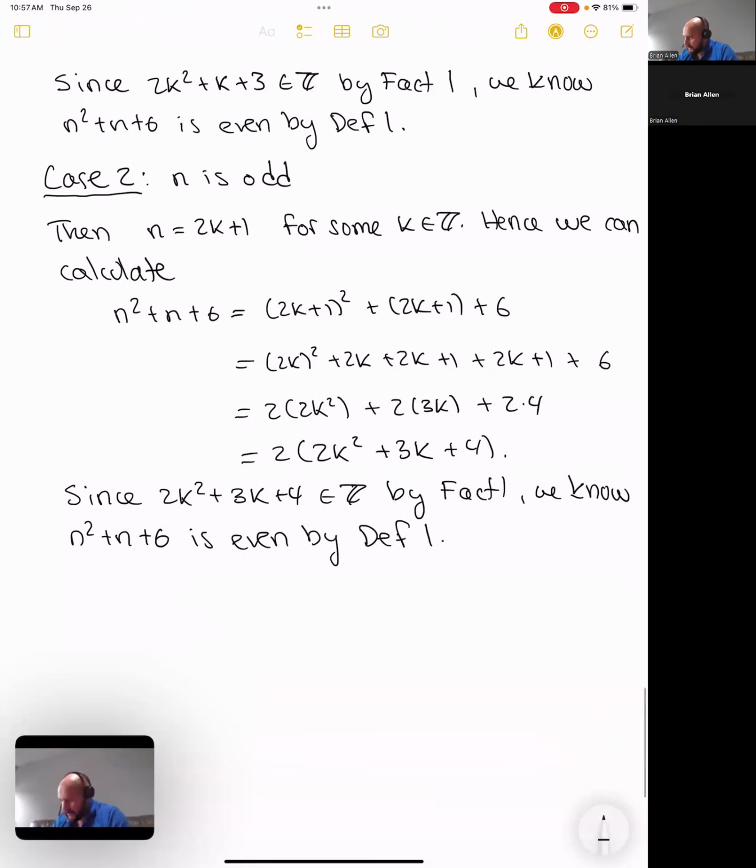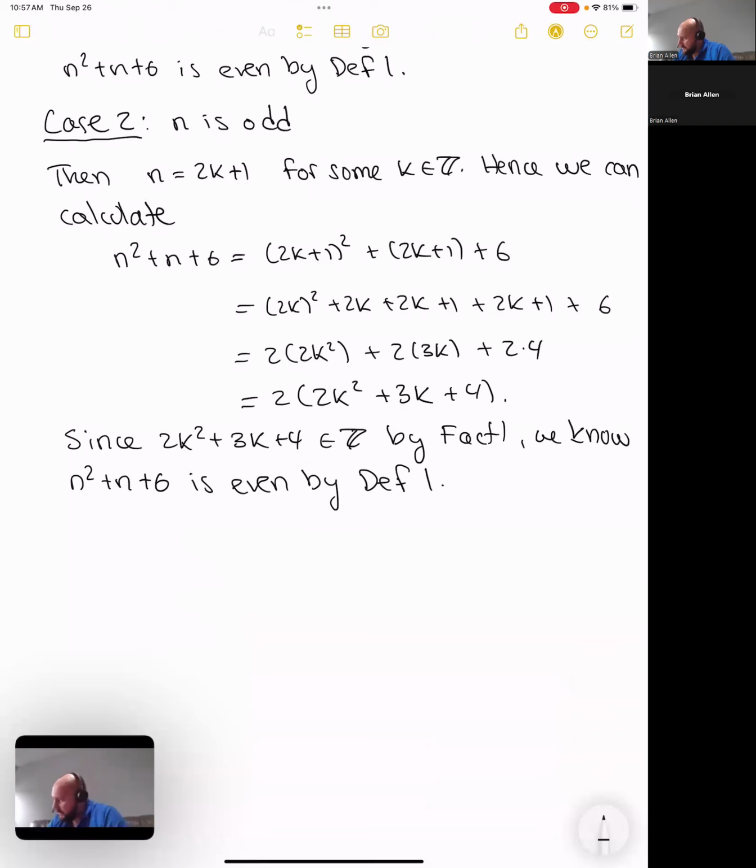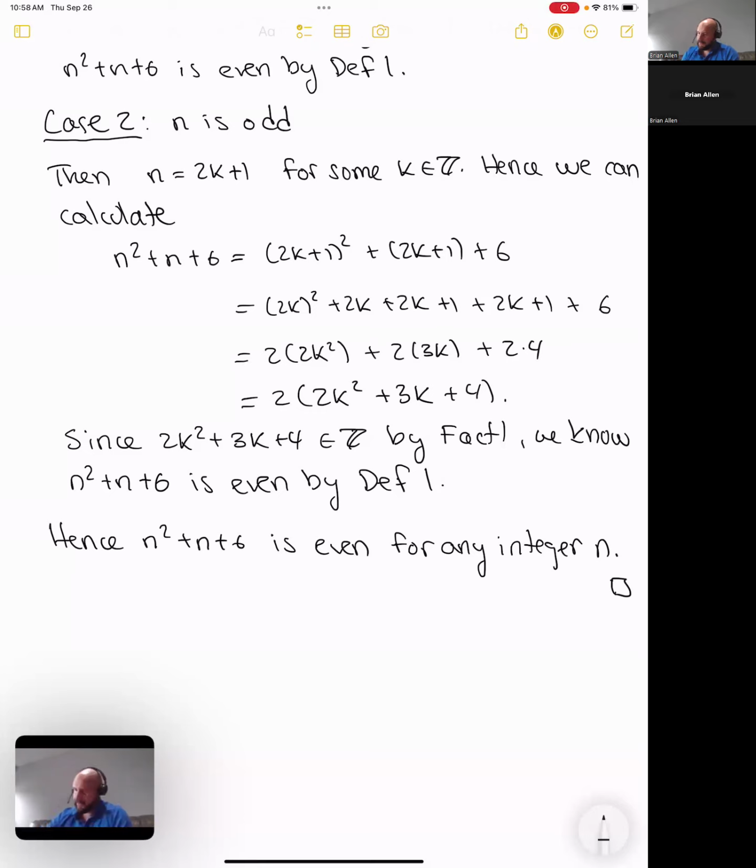Okay, so those are the only 2 cases that we need to consider. And so now we just want to make a concluding sentence. So hence, n squared plus n plus 6 is even for any integer n.